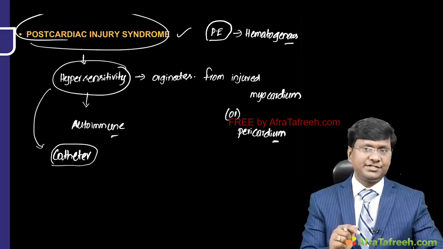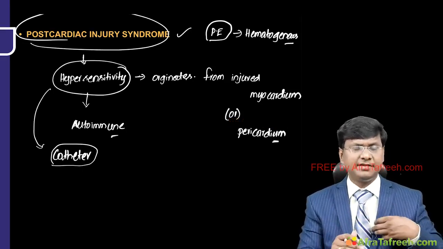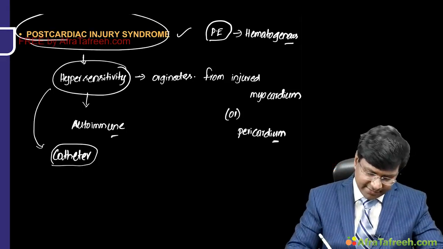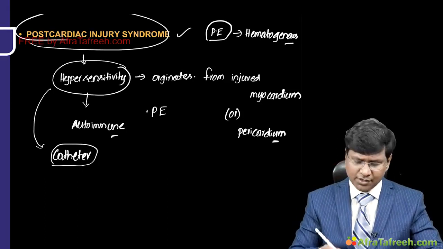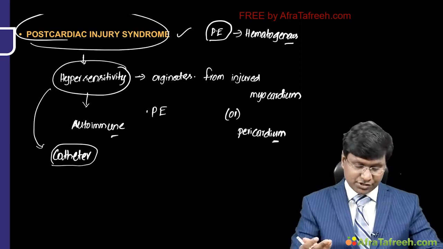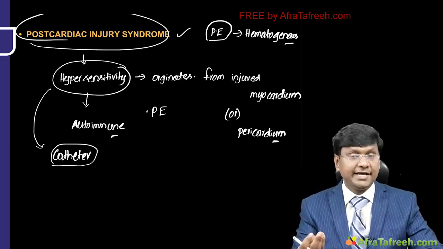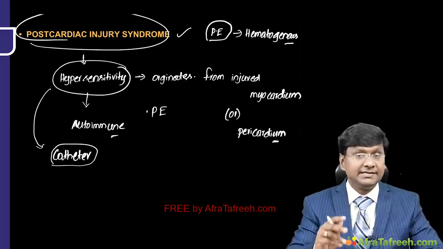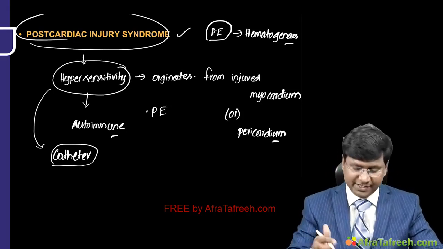Now what will be the clinical manifestations? These patients definitely have pleuritic chest pain similar to pericarditis, but along with that they will also have pericardial effusion. If it is a hematogenous cause, or catheter-induced, or trauma-induced post cardiac injury syndrome, then you have fluid in the pericardial space.